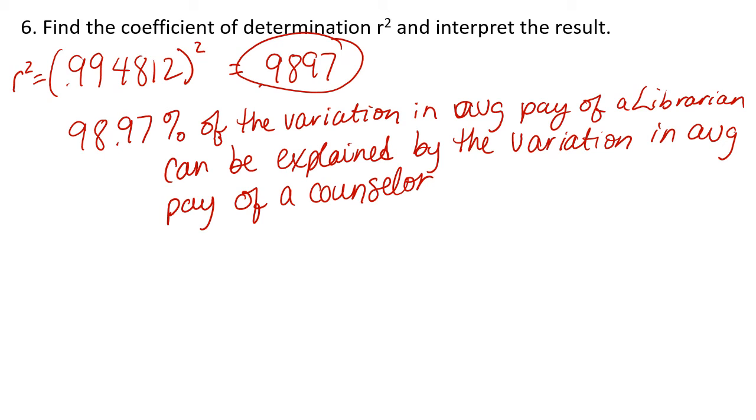The unexplained is just whatever's left. So we do 100% minus the 98.97% to get our unexplained variation, which is just 1.03.